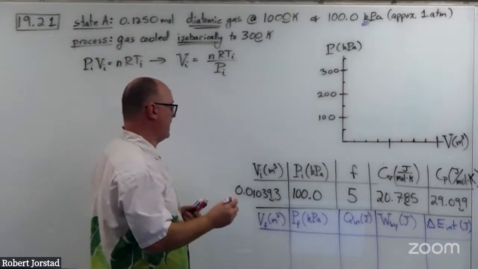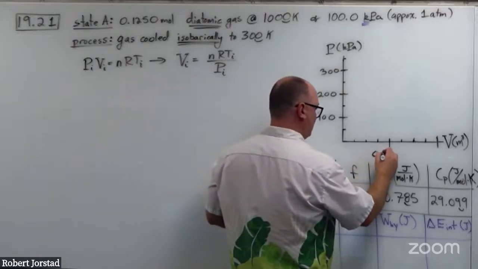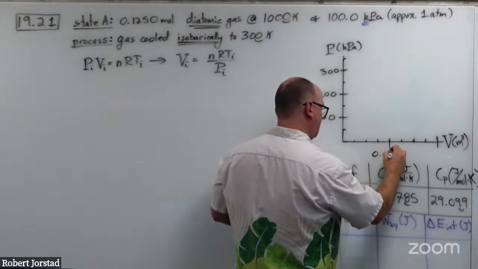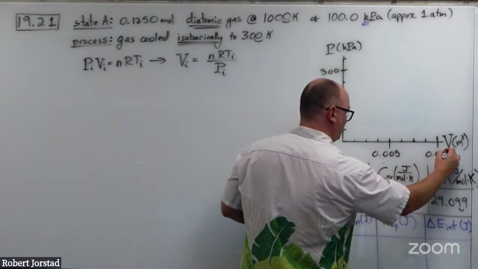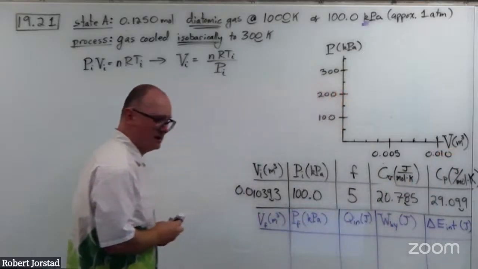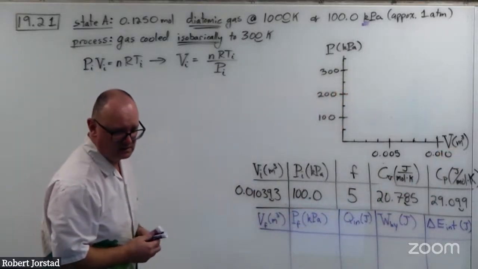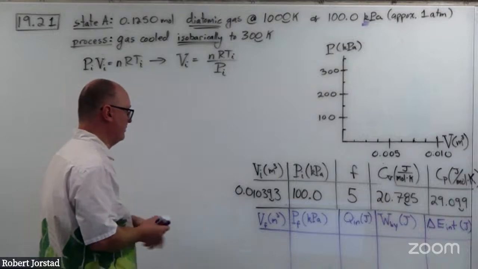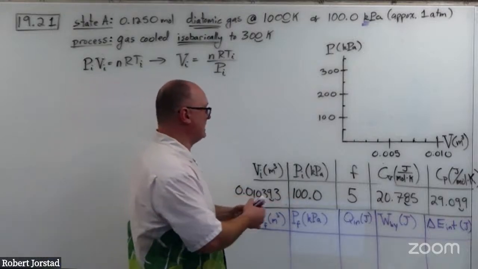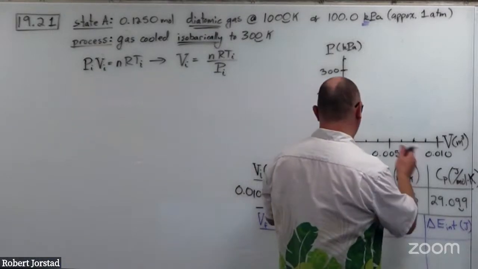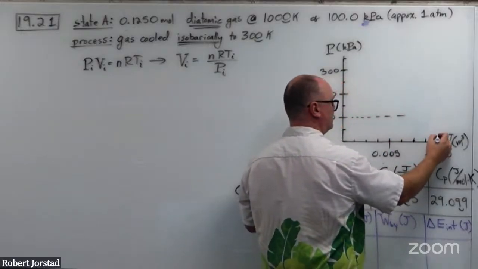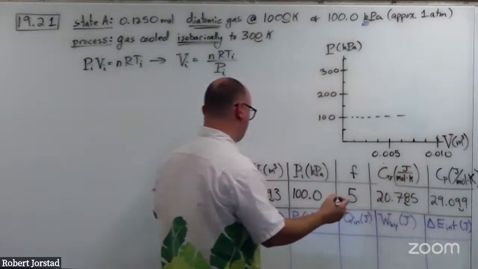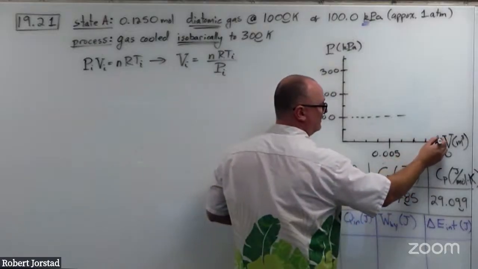So here this is going to be 0.005, and this would be 0.010, making sure I didn't screw that up. All right, that seems reasonable. So while not exactly here, it's pretty darn close to right here, just barely over.